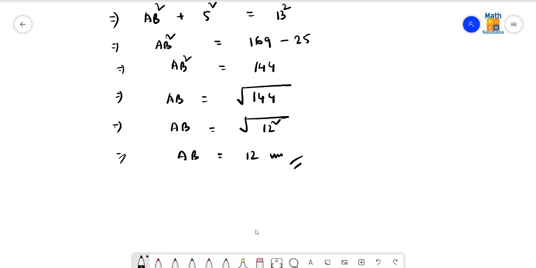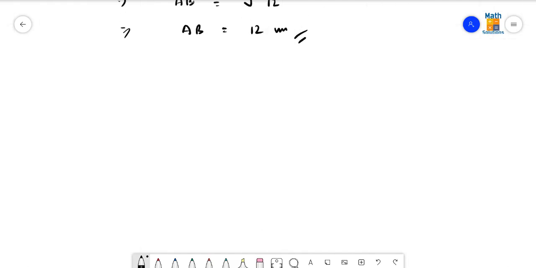Next, coming to question number 8. So question 8, what is said here? A gardener has 1,000 plants.